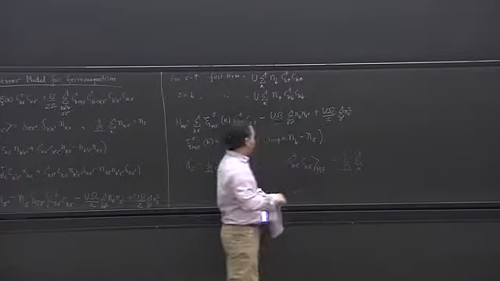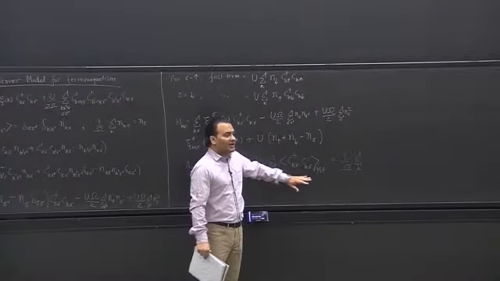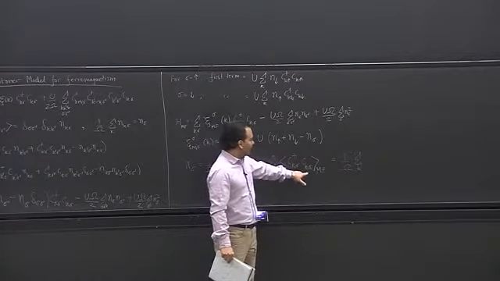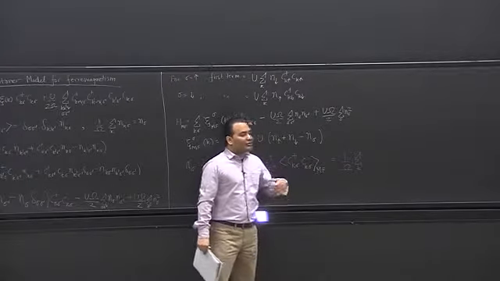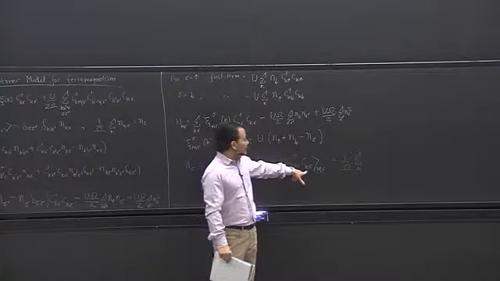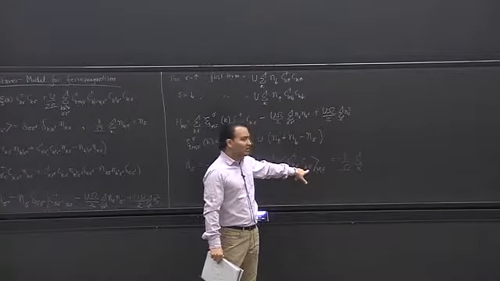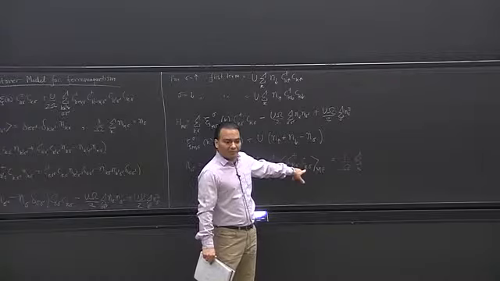What I'm going to do next is a trick that you would see a lot in condensed matter. When you have an expectation value of a number operator, if it is a fermionic system, you can replace this by the Fermi-Dirac statistics, or if they represent bosonic operators, by Bose-Einstein statistics.